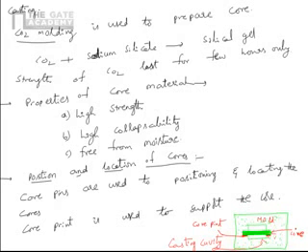The core is manufactured by using CO2 molding, the only special molding technique which we have to remember for a 1 mark question. Here there is one concept called buoyancy. It depends on the size of the core print, or the extension of the core from the cavity into the mold, so that it can withstand the buoyancy force. Buoyancy means uplifting force.